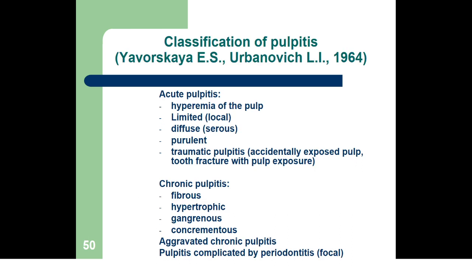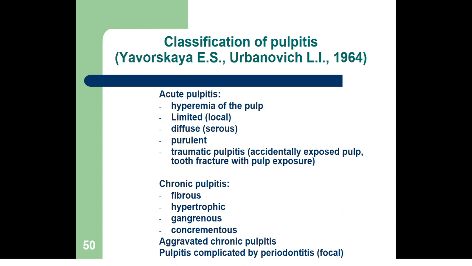You see the classification of pulpitis developed by Professors Yavorska and Urbanovich. They divided all pulpitis into four groups: acute pulpitis, chronic pulpitis, aggravated chronic pulpitis, and the fourth group, pulpitis complicated by periodontitis.